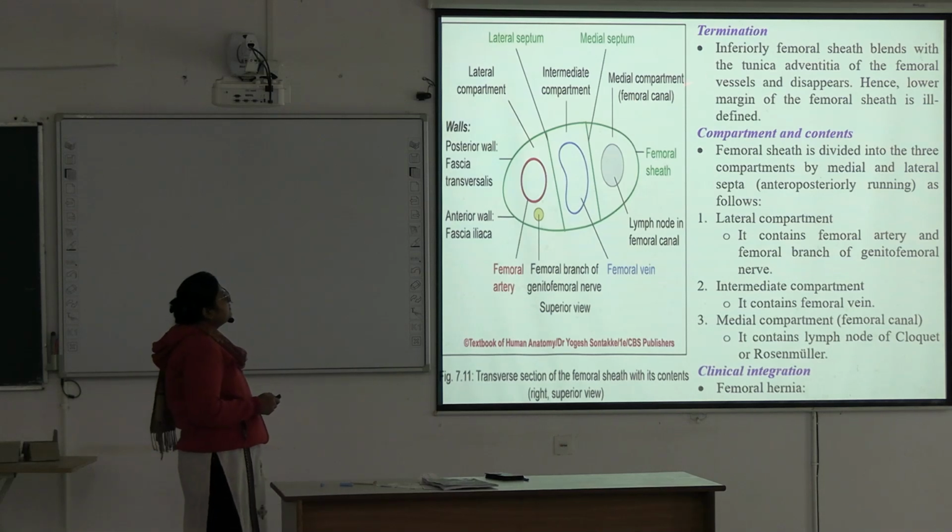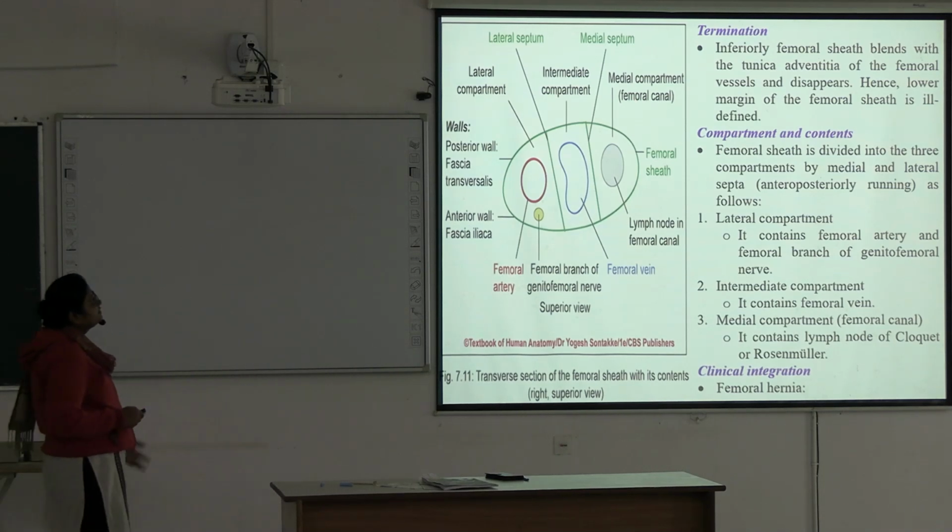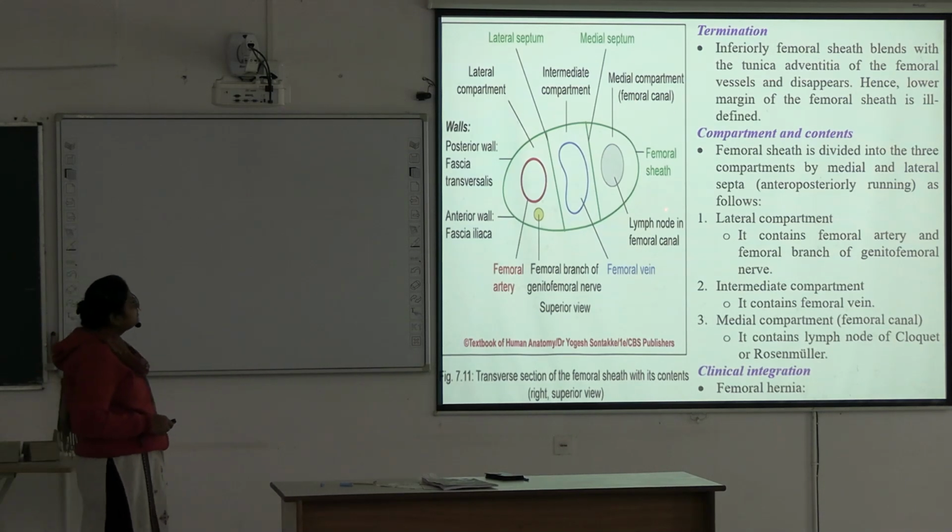So termination of femoral sheath, this is a cross section through the femoral sheath. Lateralmost compartment containing the artery and the femoral branch of genitofemoral nerve. This is femoral vein, and here is the lymph node in the femoral canal. So inferiorly the femoral sheath blends with the tunica adventitia of the femoral vessels and disappears, and hence the lower margin of femoral sheath is ill defined. What are the compartments?